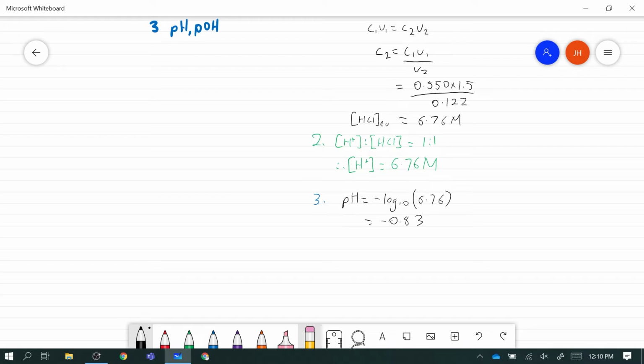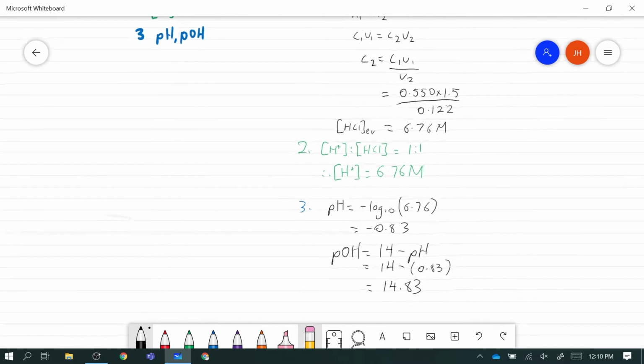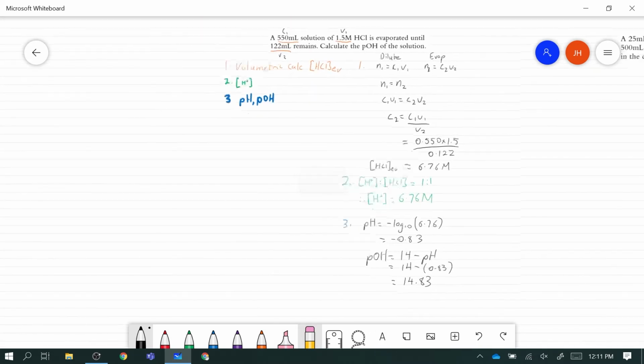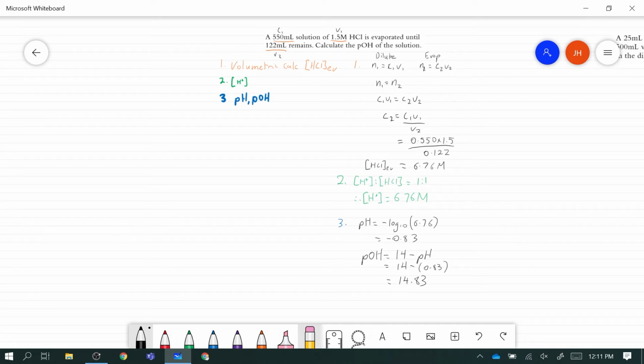To rearrange that equation, I could have pOH is equal to 14 minus pH, which is 14 minus negative 0.83. pOH at the end, 14.83. And that is our final value that we were required to calculate within the question there.